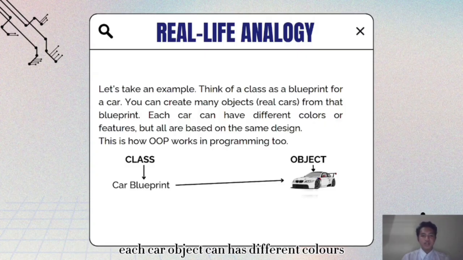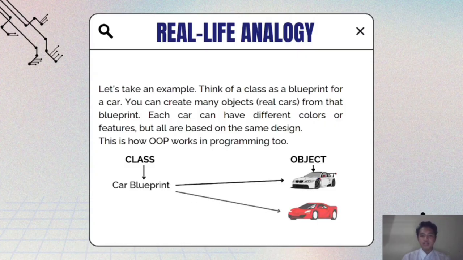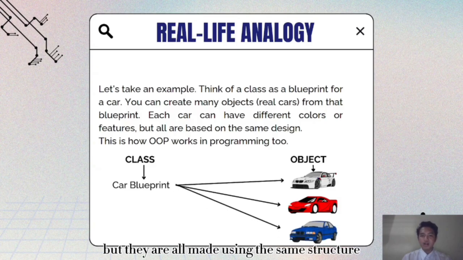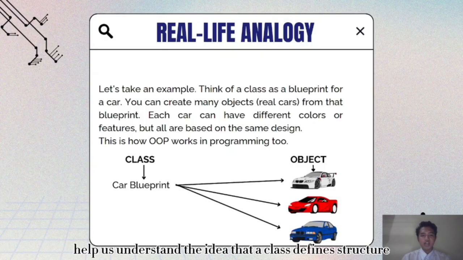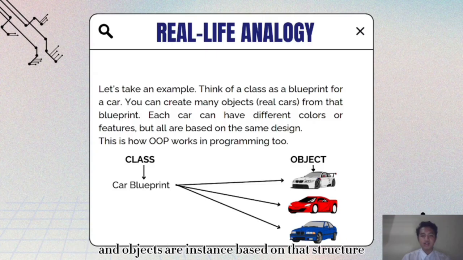Each car object can have different colors, brand, or speed, but they are all made using the same structure. This analogy helps us understand the idea that a class defines structure and objects are instances based on that structure.